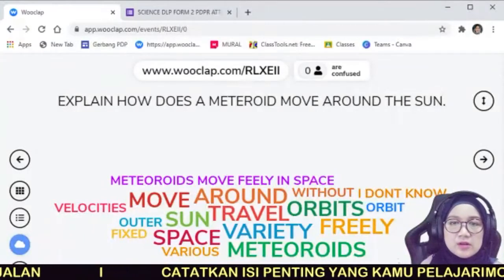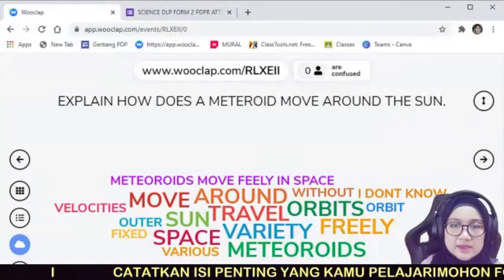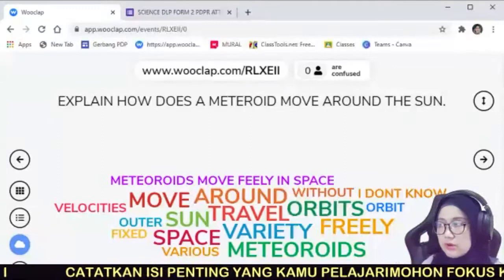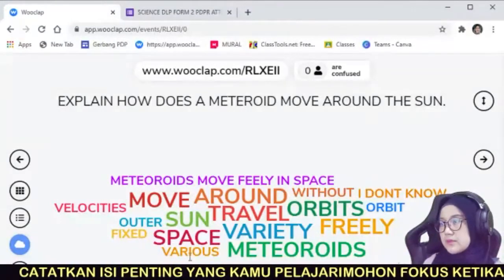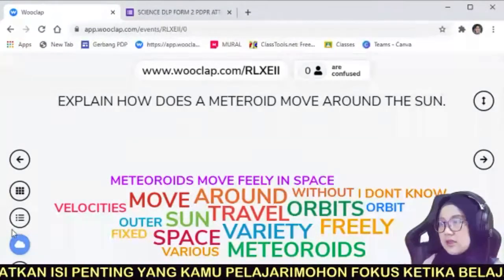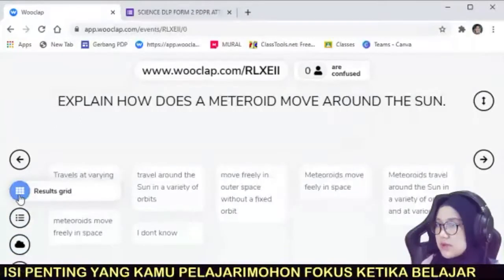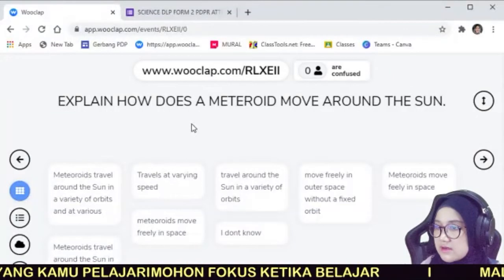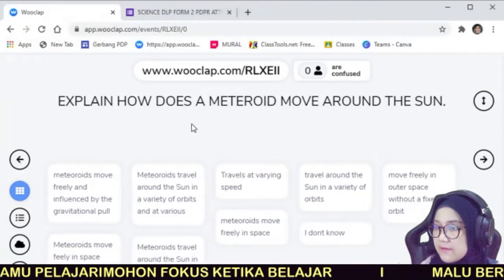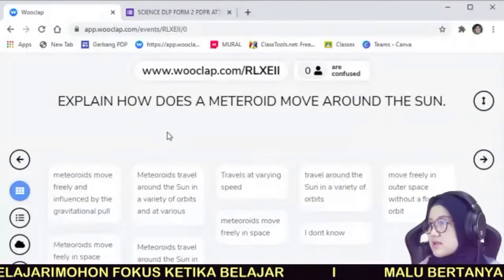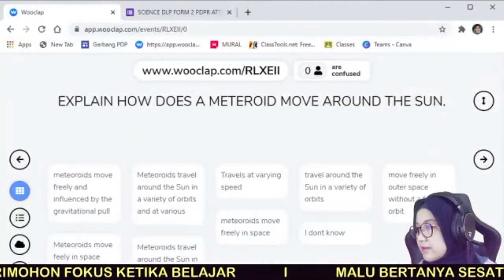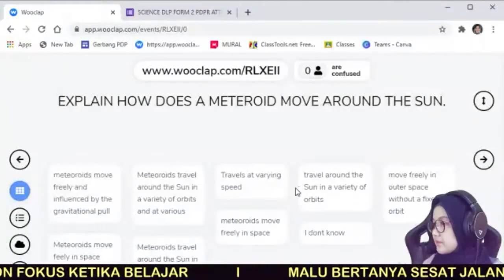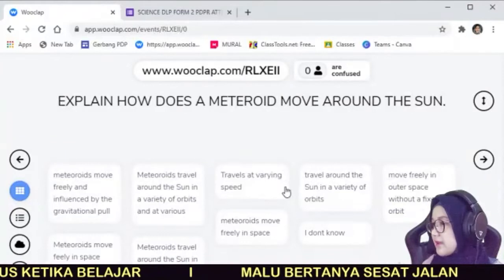The asteroid and comet have their own orbit, but the meteoroid does not have its own orbit. It moves freely. So here we can say it travels at varying speed. Meteoroids travel around the sun in a variety of orbits and at varying speeds.